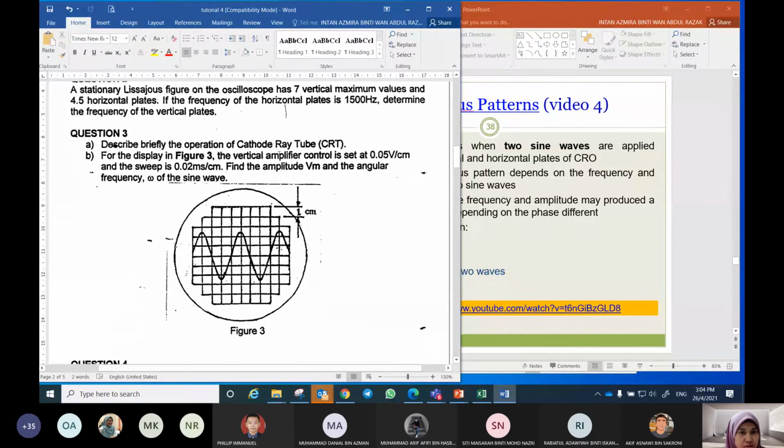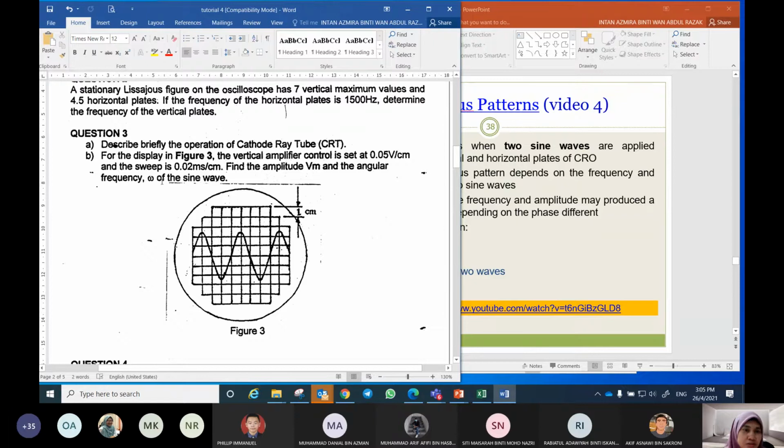For the display in figure 3, the vertical amplifier control is set at 0.05 volt per cm, meaning that one division is 0.05. This is for the vertical amplifier, or volt per division. And the sweep is 0.02 millisecond per cm, meaning that this is time per division. Find the amplitude Vm and the frequency.